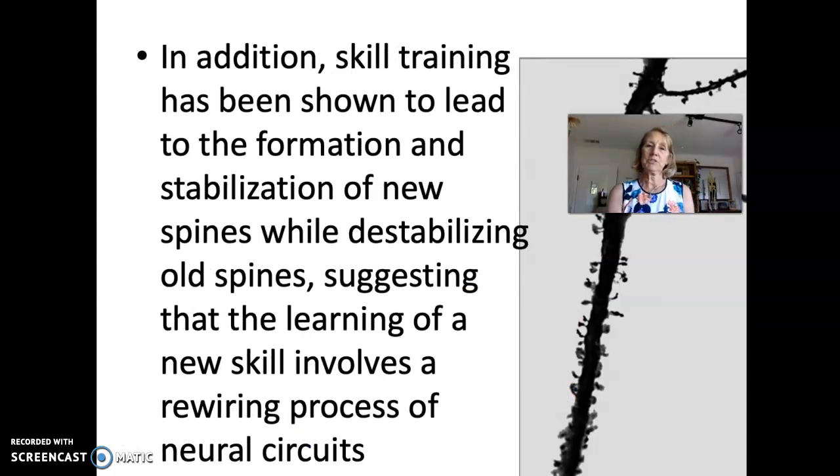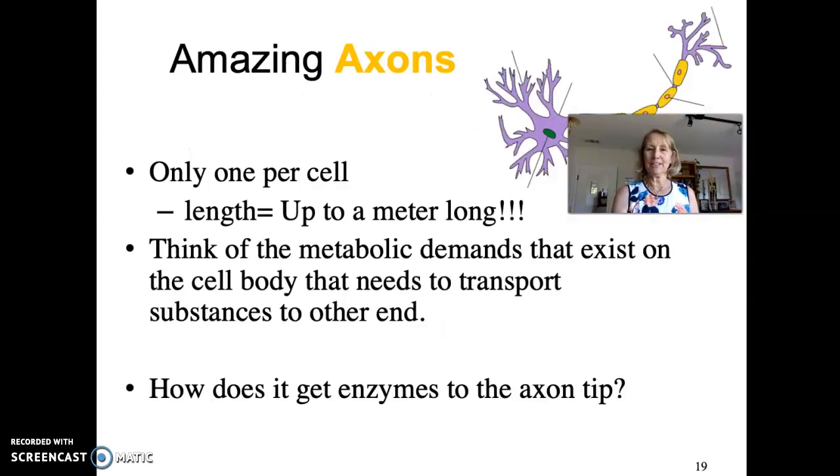In addition, it's been shown to lead skill training, and that when you learn, look at my head here between the spines, that you're creating new spines when you're creating new connections and learning something. So think of yourselves right now, you're creating these new spines because you're learning all about this all over again.